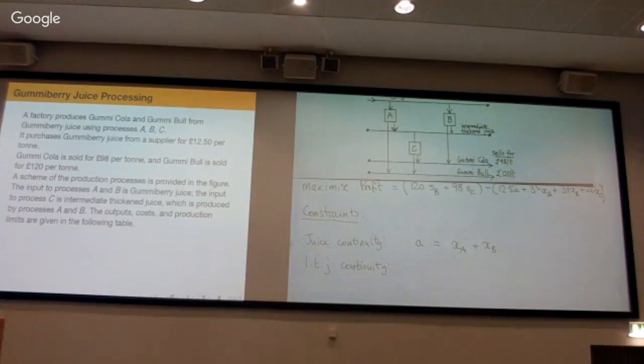And we want, on the one side of the equal sign, the amount that's entering the pipe, and on the other, the amount that's leaving the pipe. The amount that's leaving the pipe is XC, because you can't do anything else with the intermediate thickened juice than pour it into C. That's what this pipe does.